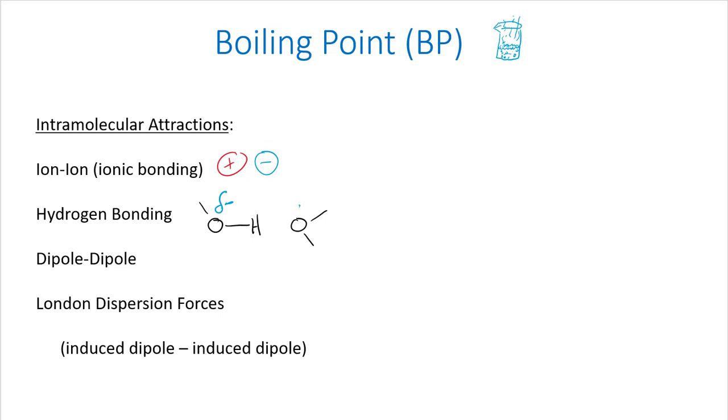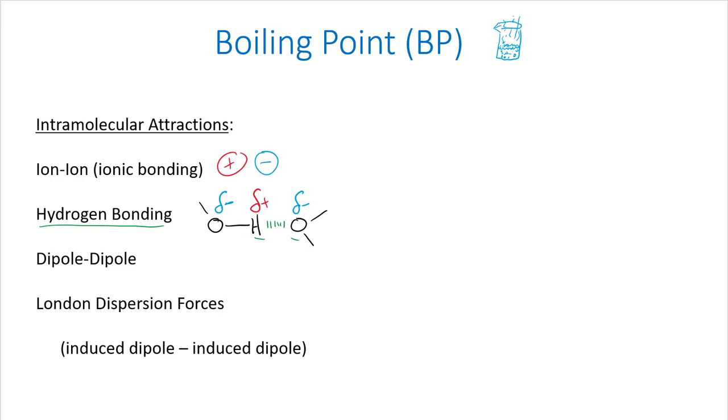There's a big partial minus on the oxygen and a big partial plus on the hydrogens because of the large difference in electronegativity. And hydrogen bonding is the attraction between the partial plus on the hydrogen and the partial minus on the oxygen.